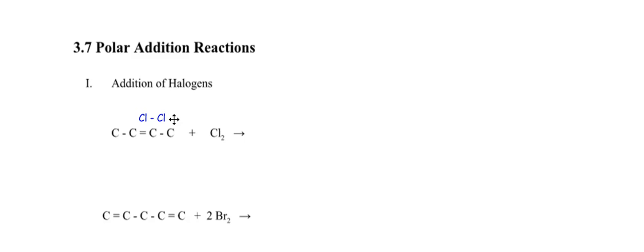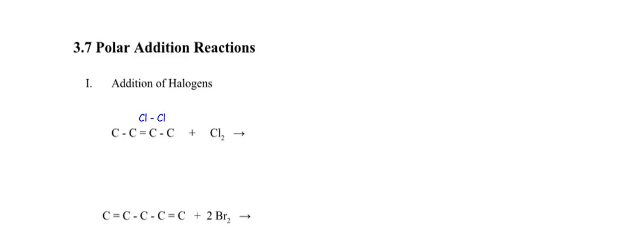So then it sets up just like we did in section 3.6. So even though this chlorine molecule is nonpolar, if it gets close to these 4 electrons, the chlorine's electrons are going to be repelled, causing a shift to the other chlorine, causing a partial positive, partial negative.